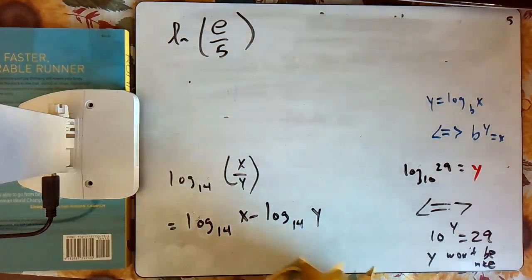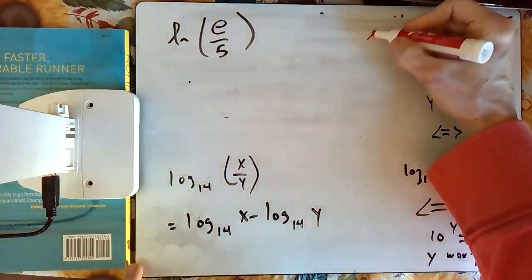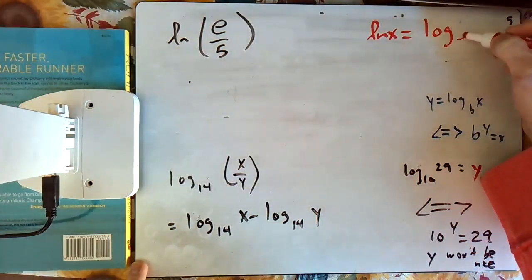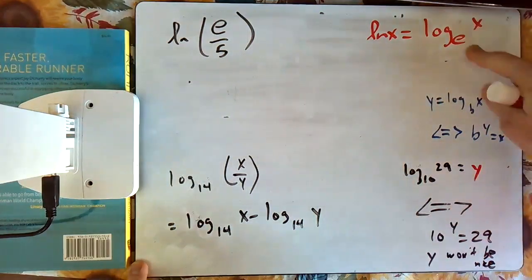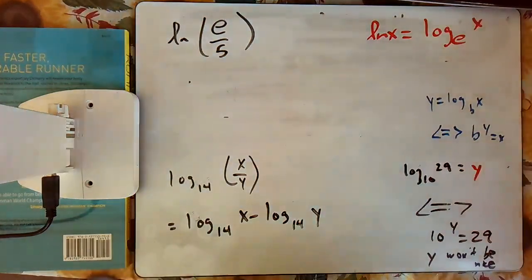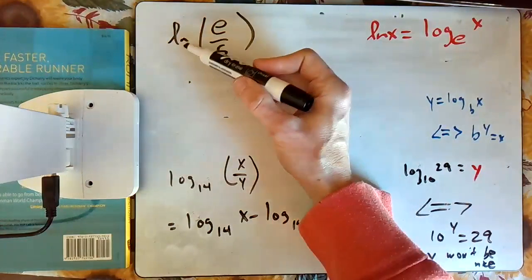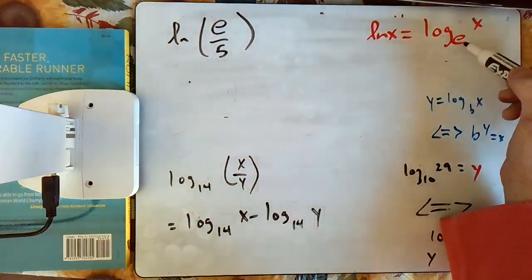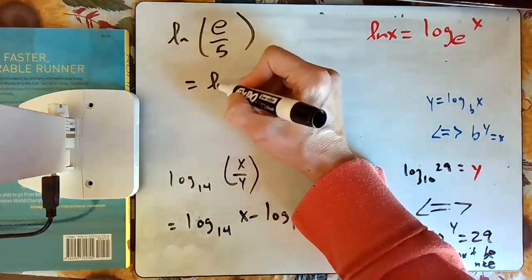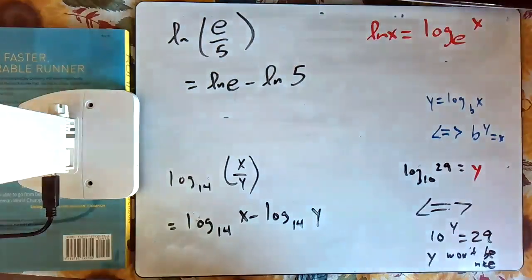Virtually. But remember, natural log of x is just a log with a base e, right? That's what it was. It was a unique case right here. So it is still a log. But let's go out there and try to simplify this. This still follows the three properties that I just wrote down, because it's still a log, right? So since we're dividing right here, that's natural log of e minus natural log of 5.